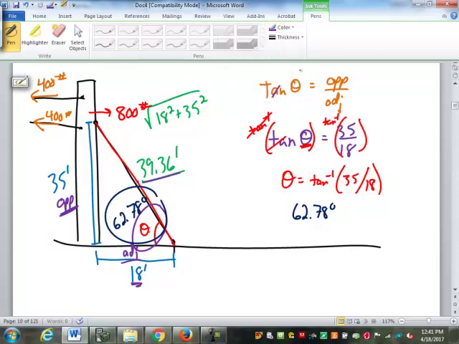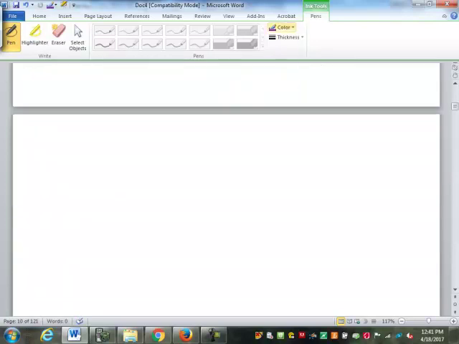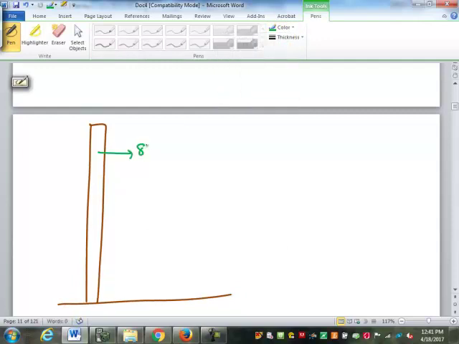Well, let's just go through it. It's actually a really quick little demo. So here's our post. We need 800 pounds going this way. Here's our wire, and our wire is pulling in that direction, correct?